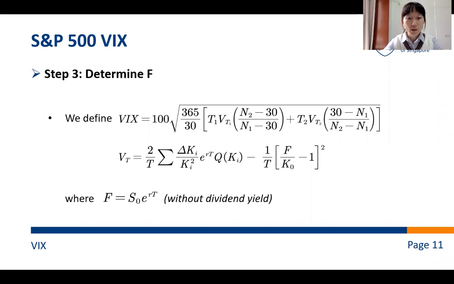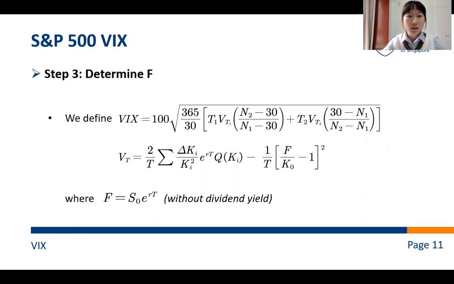Now, with all the preparation made, we can calculate the forward price. However, there is one important distinction between our lecture slides and the reality. In lecture, we ignore the dividend yield.